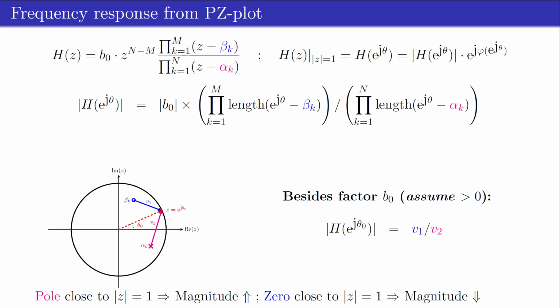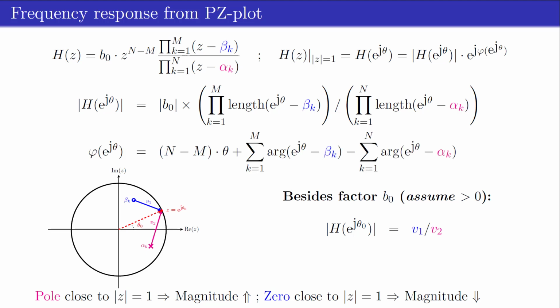This implies that when a pole is close to the unit circle, the magnitude of the frequency response becomes large, because the length of the vector v2 from the pole to the unit circle becomes small. Similarly, if there is a zero close to the unit circle, the magnitude of the frequency response becomes small, because the length of the vector v1 from the zero to the unit circle becomes small.